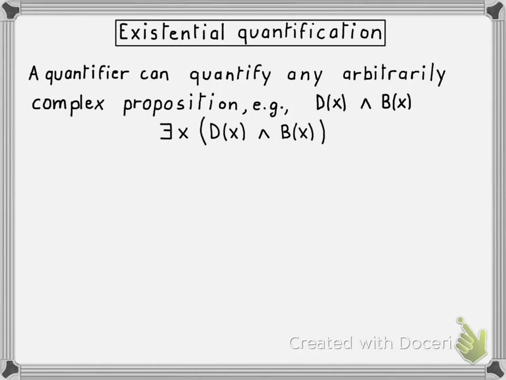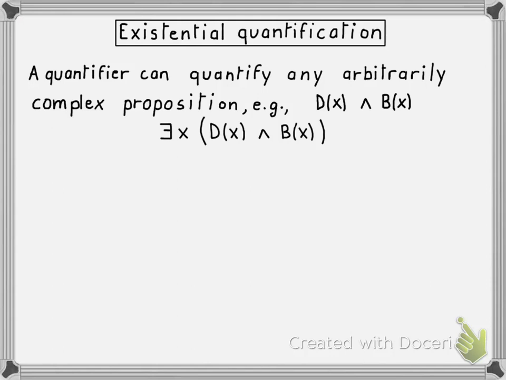Now let's try to interpret this proposition of predicate logic back into English. For that we need to define a meaning for the predicates D and B. So let's say the universe of discourse for x is the set of all animals. And let's say that D of x stands for x is a dog and B of x stands for x is black. Then the meaning of this proposition would be there exists at least one animal that is both a dog and that is black.